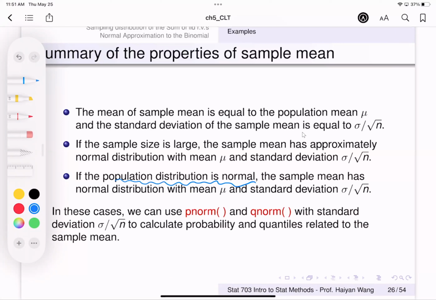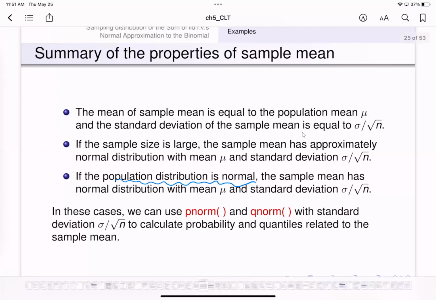Regardless of whether n is large or small, if the population distribution is normal, the sample mean would always have a normal distribution. So in both situations, we can use the p-norm to compute the distributions and the q-norm to compute the percentiles for the calculation.